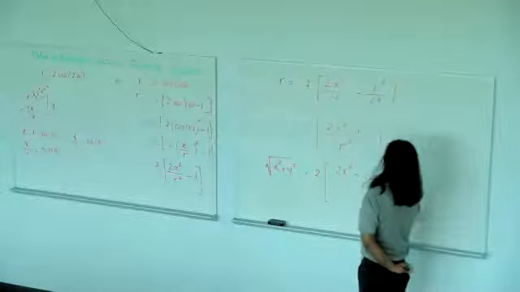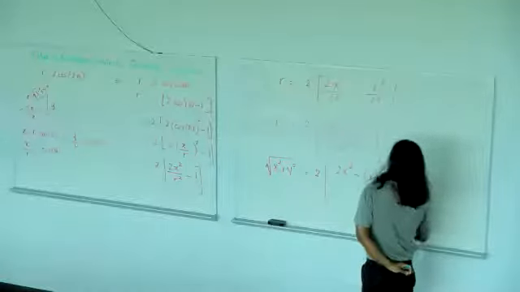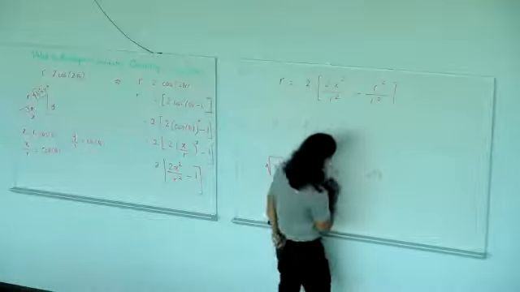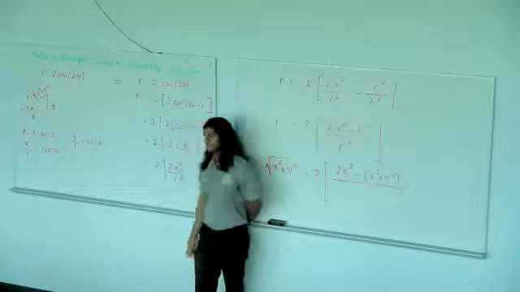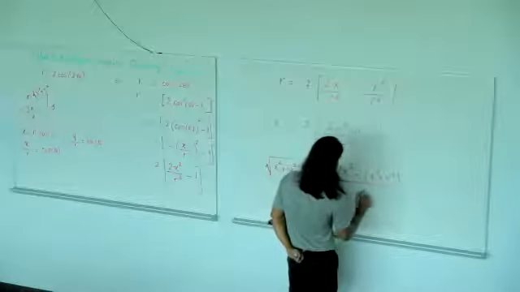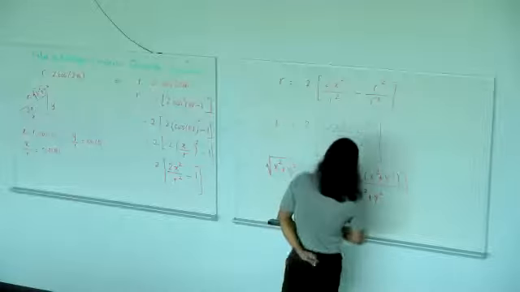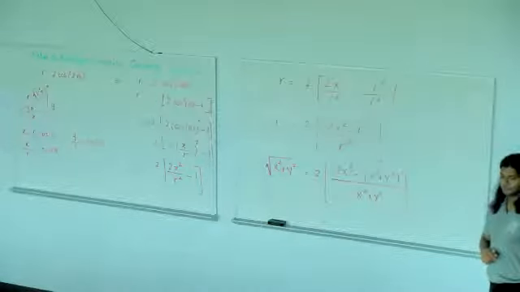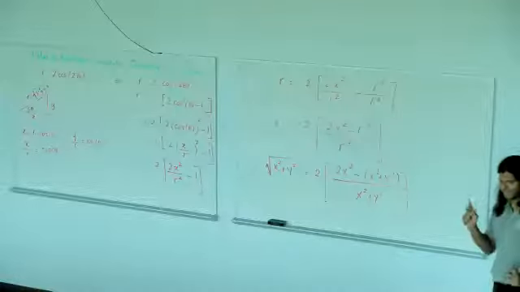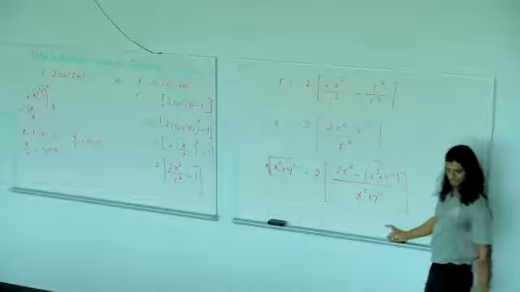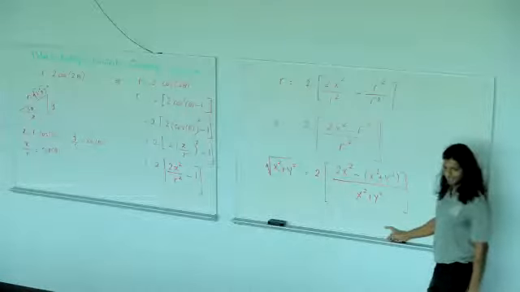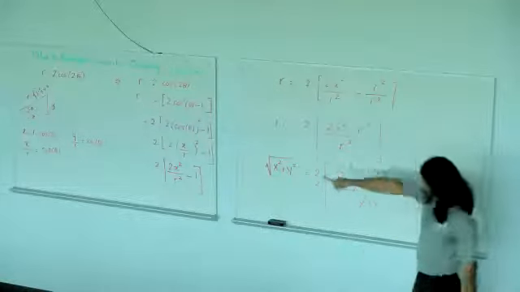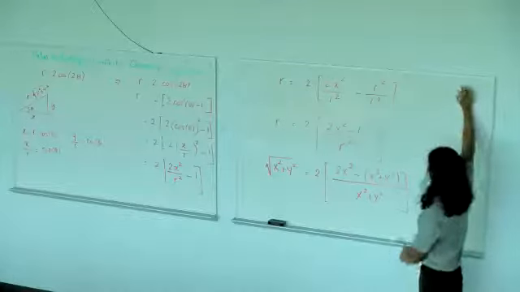So the numerator is 2x squared minus x squared minus y squared, and the denominator is also x squared plus y squared.